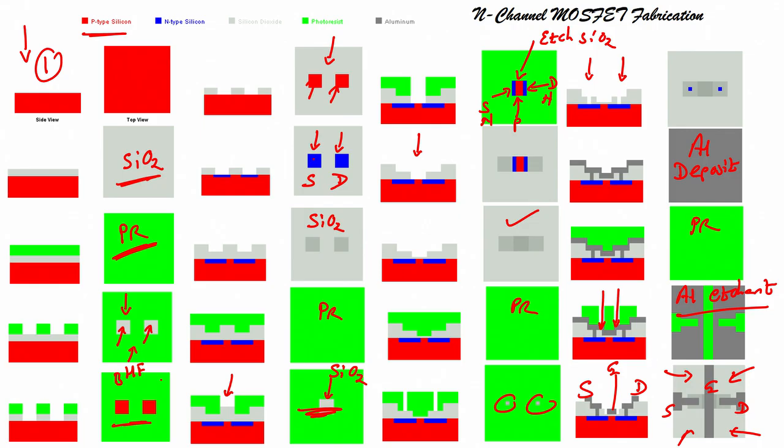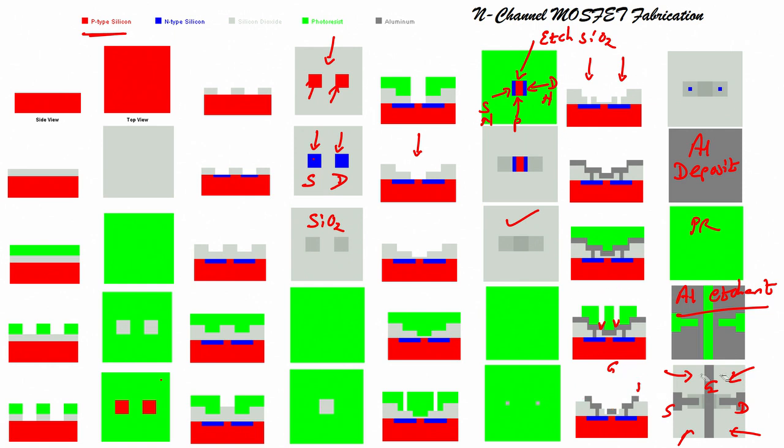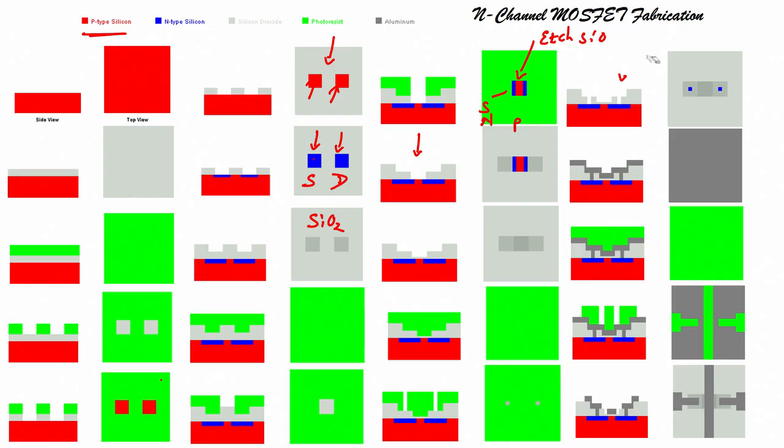In a similar fashion, try to draw the process flow for the p channel MOSFET. Right now what I have shown you is an n channel MOSFET, and what I want you to try at home is to draw the process flow for a p channel MOSFET in a similar fashion.